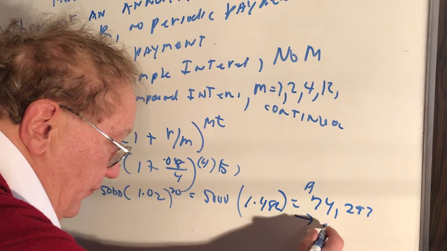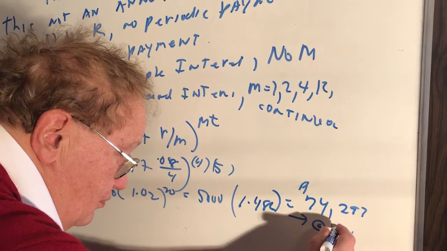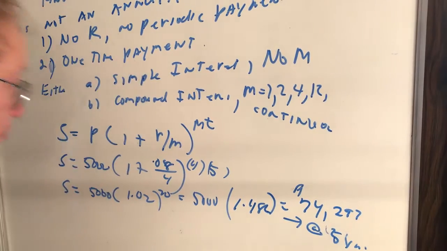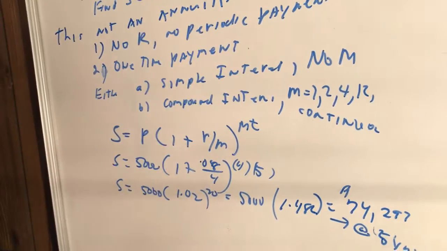So that's after 5 years. We put down P at time 0.